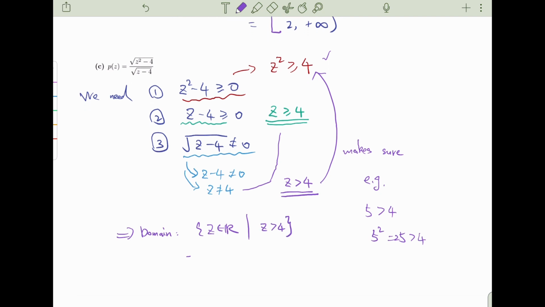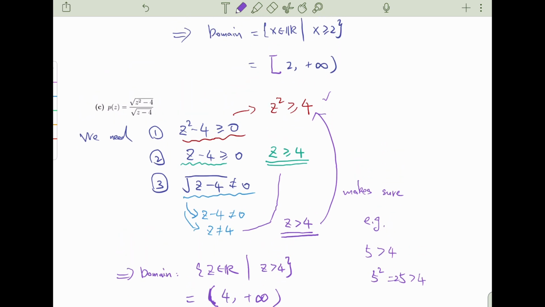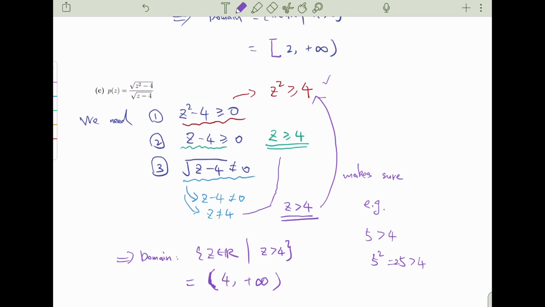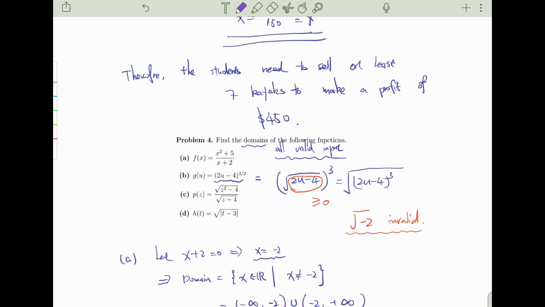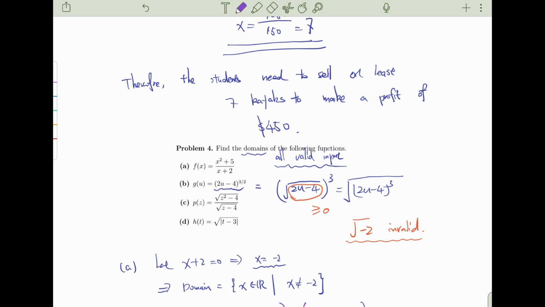And you can use the interval notation, that is from open bracket 4 to the positive infinity. Okay, so it's the solution of question C, which is a bit more complicated than the previous two questions. We have 3 things to consider at the same time. Now let's take a look at the last one here.